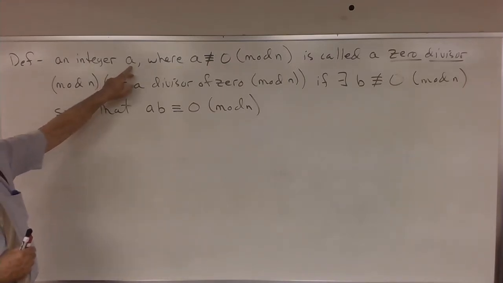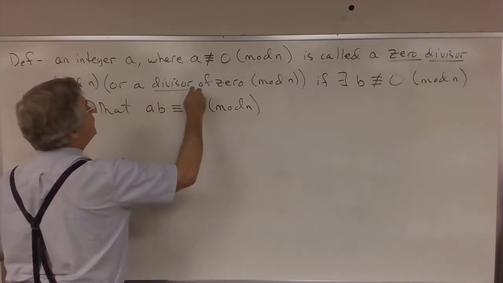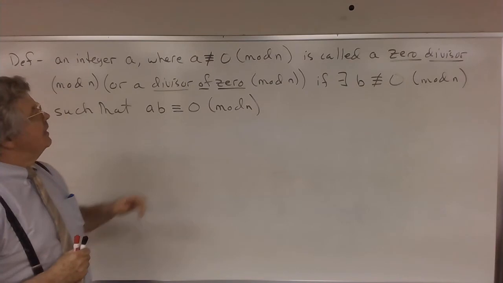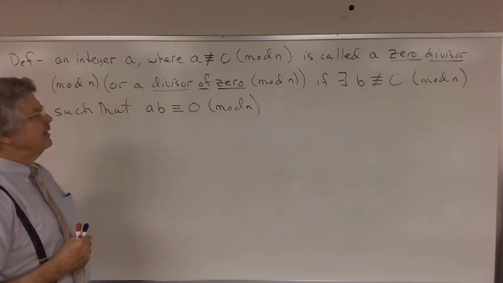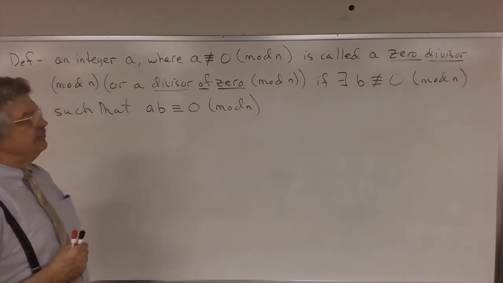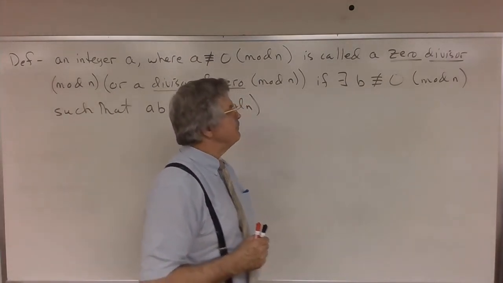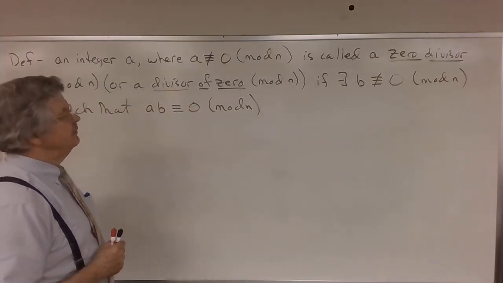So a is a zero divisor, or a divisor of 0, modulo n if a is not congruent to 0 mod n, but there's some other integer which is also not congruent to 0 mod n, such that their product is congruent to 0 mod n.